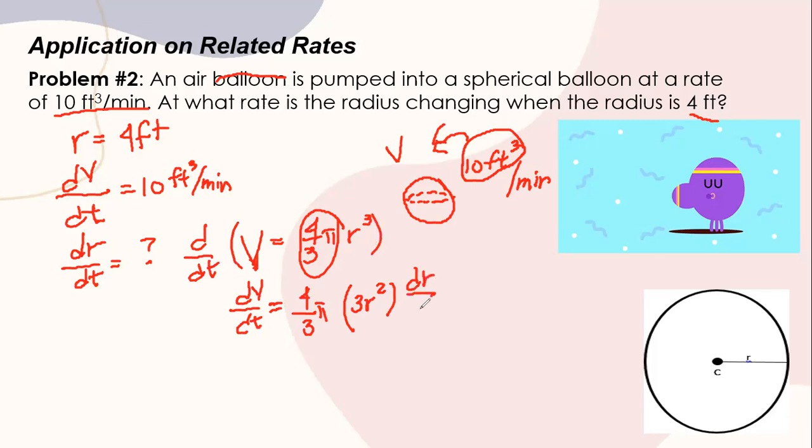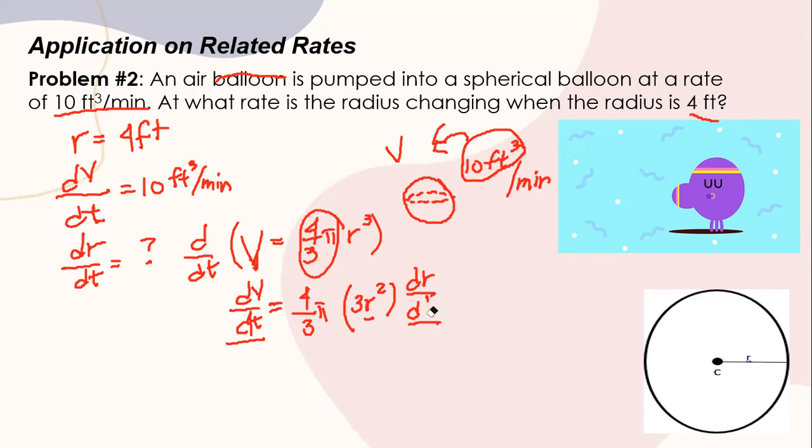So, dr over dt. Okay? So, meron tayong involved na dv over dt. So, given yan, pwede natin i-substitute mamaya. We have the r, radius. We have the dr over dt. So, lahat ng kakailanganin natin ay given na po. So, dr over dt yung hinahanap natin.